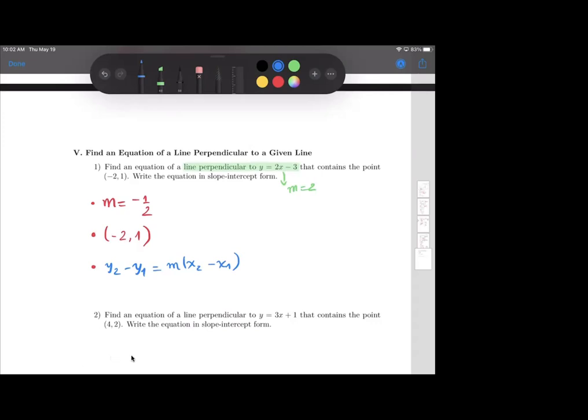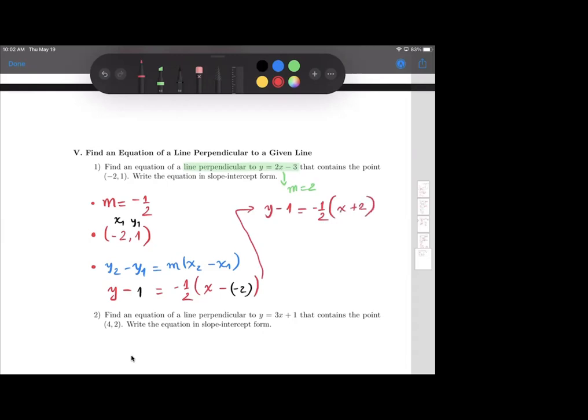So plug it in, right? x1, y1. So I have y minus 1 equal m, which is negative 1/2, times x minus negative 2. Clean up. So y minus 1 equal negative 1/2 times the quantity of x plus 2, right?